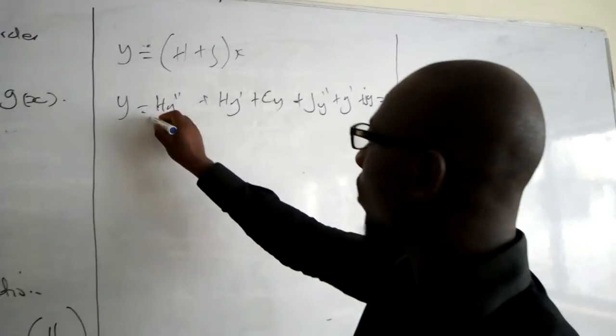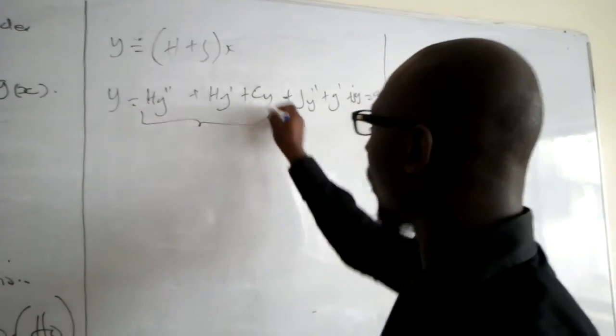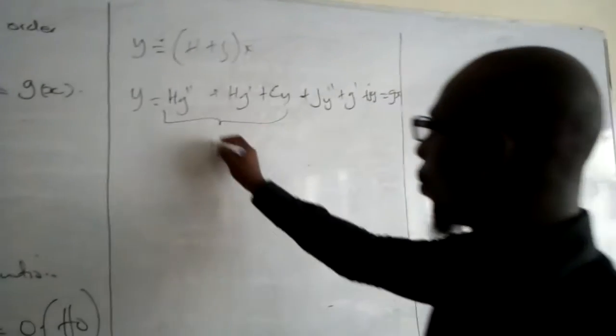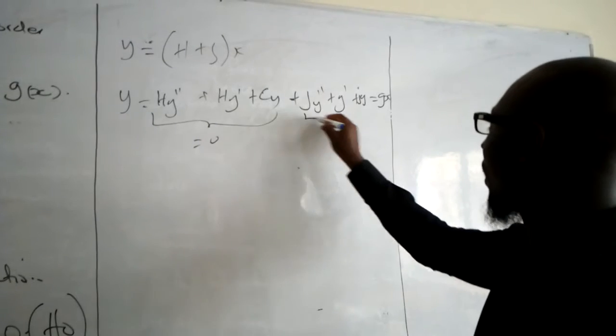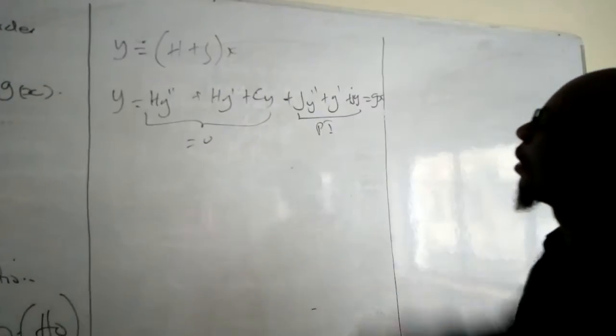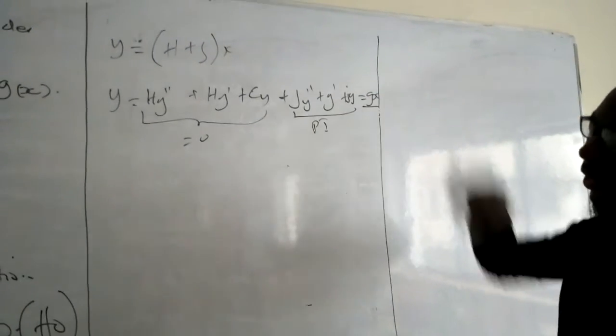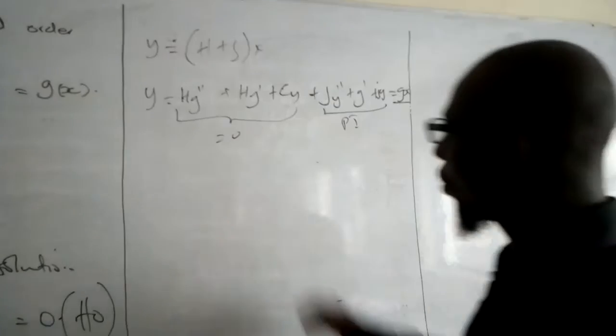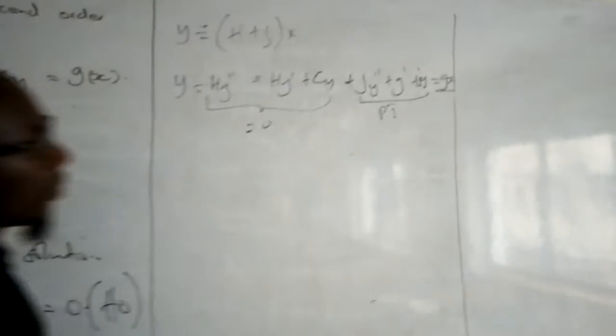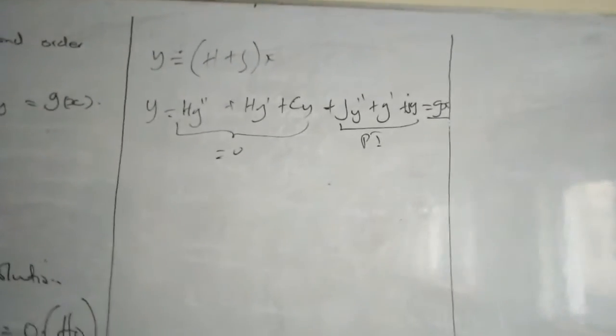But we know that the homogeneous part is equal to 0. So it is this part that gives us the particular solution that is equal to g of x. We are going to use this general solution to practice.